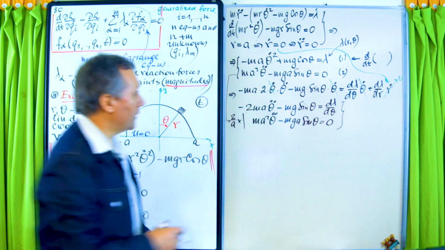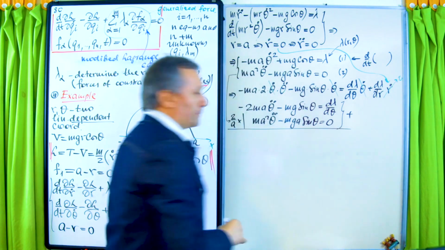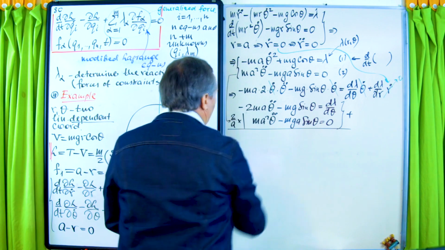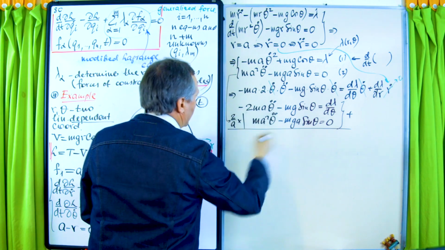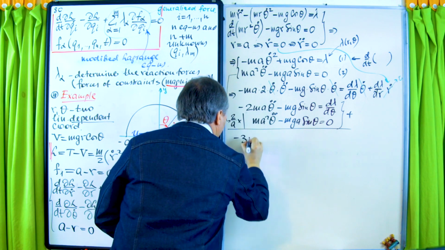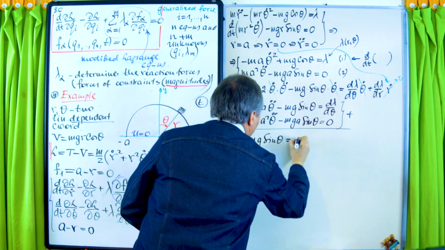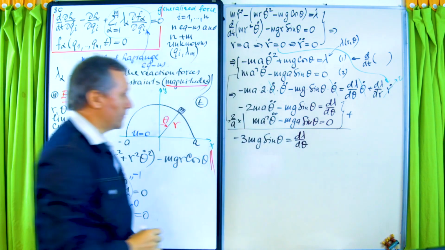So if you add these two equations, the first term disappears. The second one, negative 1, here negative 2, so it will be minus 3 mg sine theta equals d lambda over d theta.